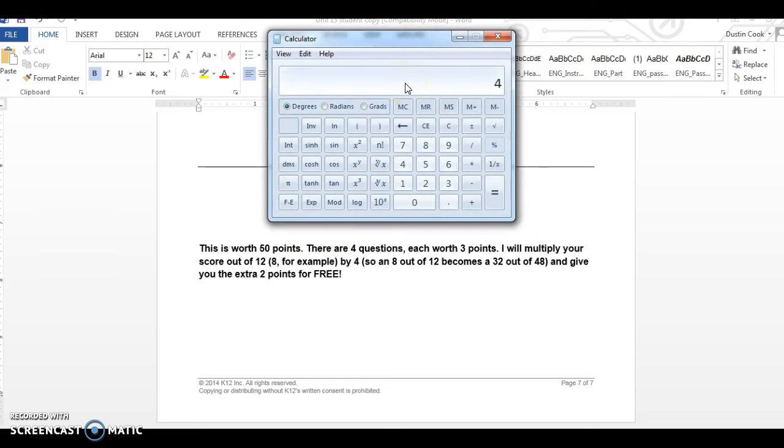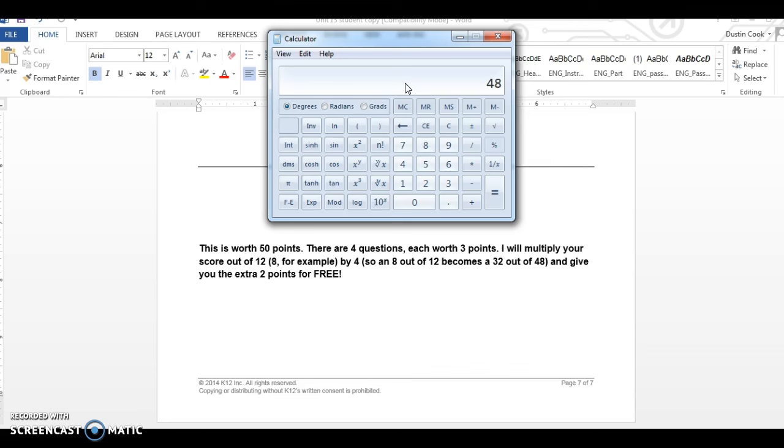So there's 4 questions. According to the rubric, they're all worth 3 points. So you'd think that this was worth 12 points. Instead, what I'm going to do is take your score out of 12 and multiply it by 4. And that'll give you a new score out of 48.